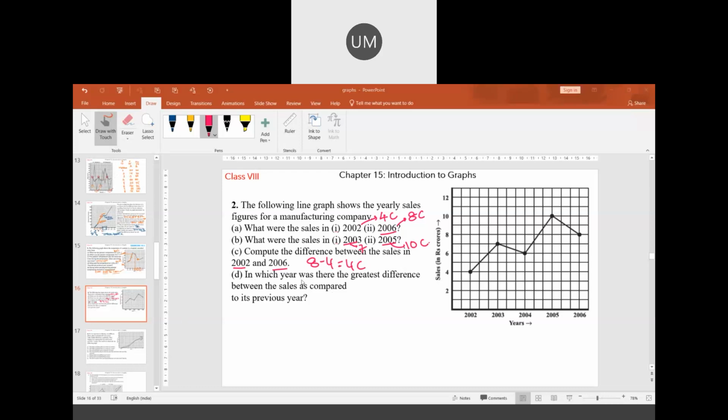In which year was the greatest difference between the sales as compared to the previous year? 2005, sir. Look at the length of the line segment here. It's a maximum here. From 2004 to 2005, 4 crores.